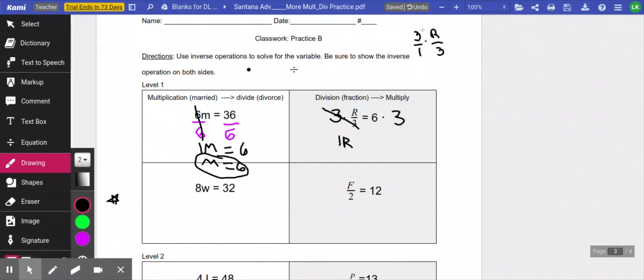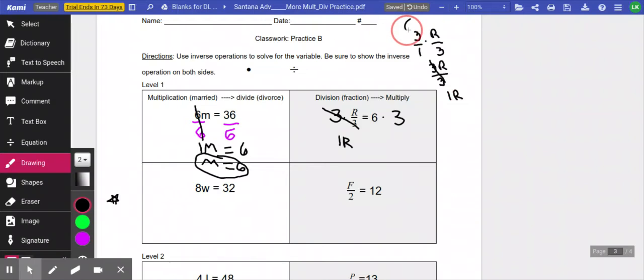And then I'd multiply them. 3 times r is just 3r. And 1 times 3 is just 3. And then I could simplify this. 3 divided by 3 again becomes 1. So that would just leave it 1r.